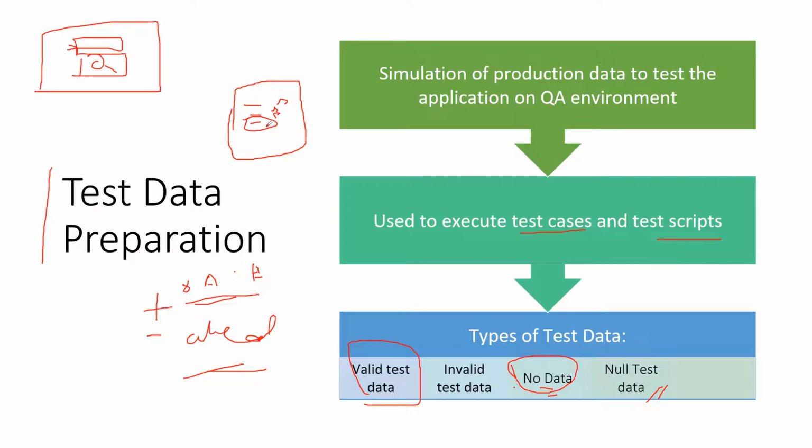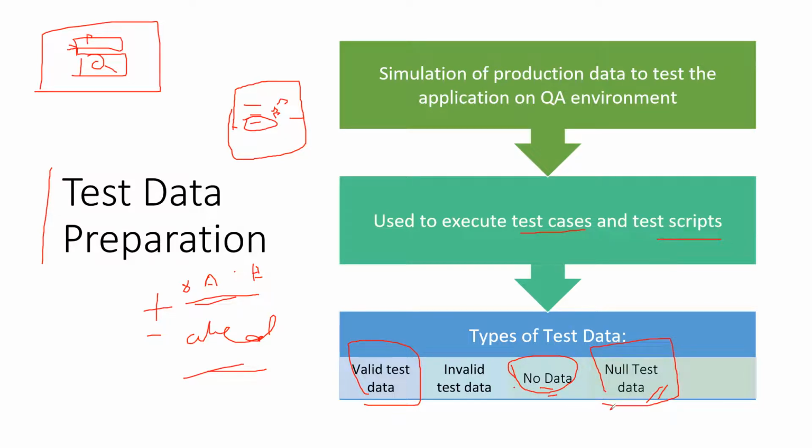It will still have an entry for all the fields for Panasonic, but the name alone is removed. Now I try to give Panasonic and hit search. Sometimes, if it is not handled properly, our application will break down. So this is called null test data.